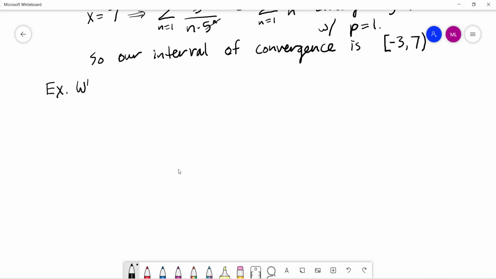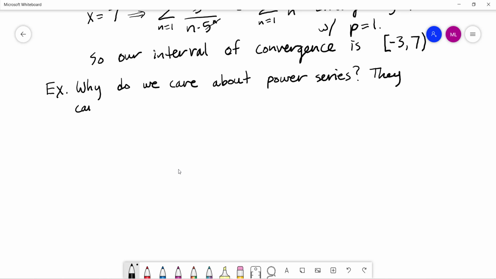So why do we care about power series? They can represent functions. We can use them to represent functions.